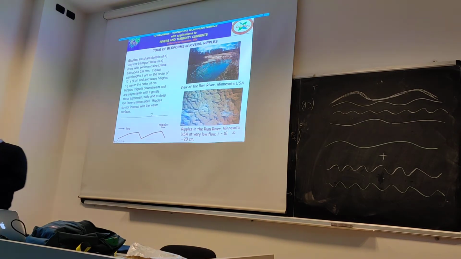You tend to observe ripples in rivers when you have very low transport rates, and the bed material is fine. Okay, so you need to have these conditions. So you have to be close to the critical bed shear stress for motion.